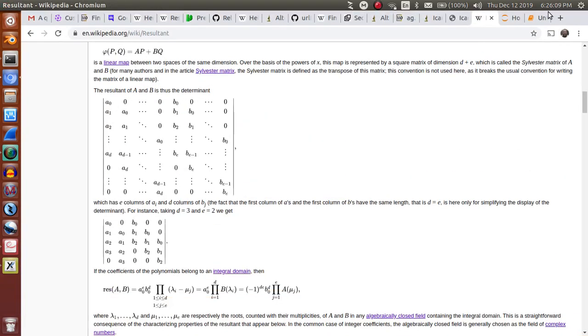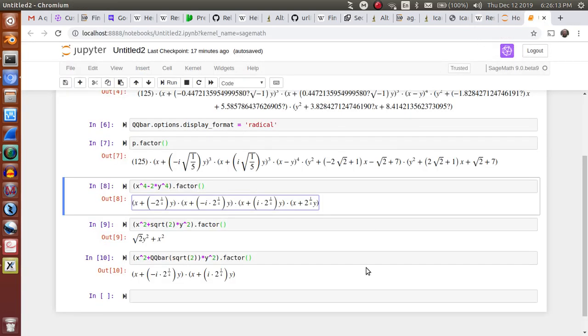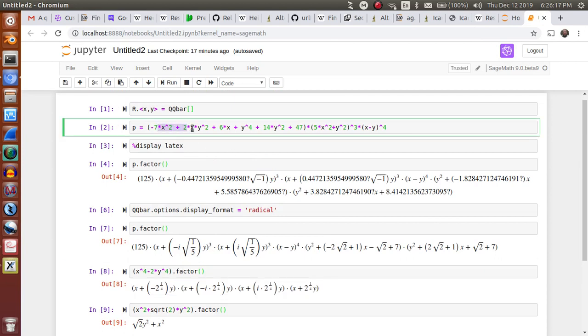This thing that we did here, factoring, works with more than two variables. You can do this with multivariate rings of any number of variables you want, and you get these kinds of factorizations of the algebraic field.